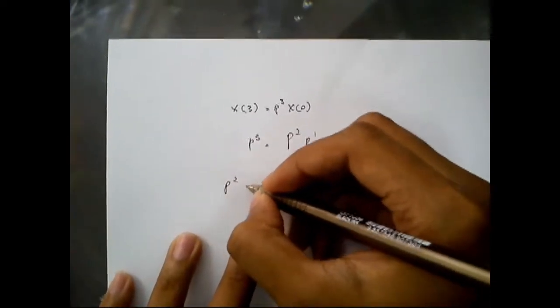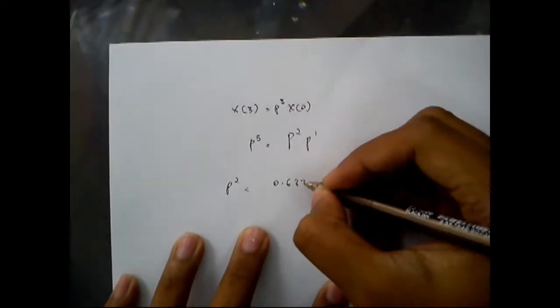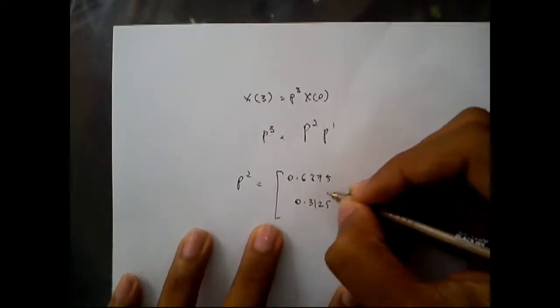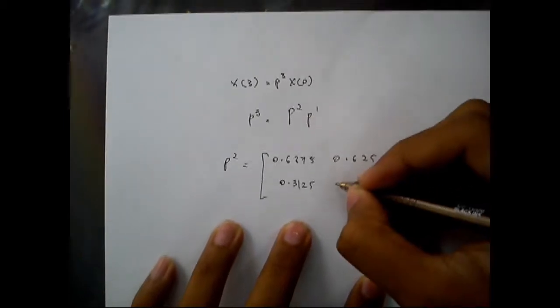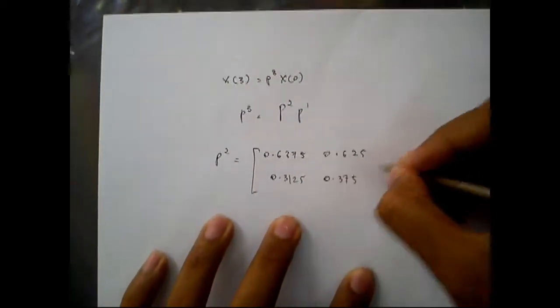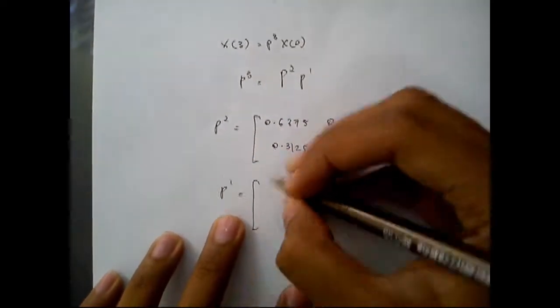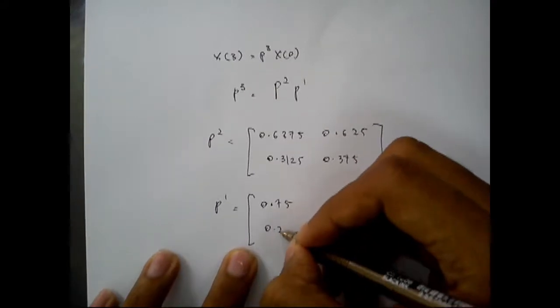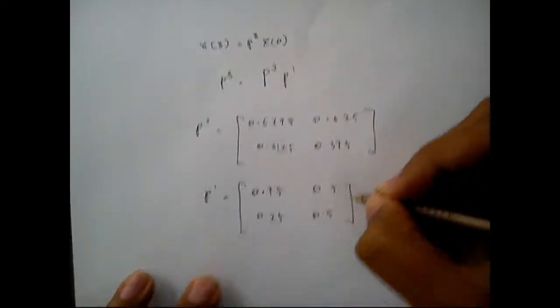P2 is equal to 0.6875, 0.3125, 0.625, 0.375, and P1 is equal to 0.75, 0.25, 0.5, and 0.5.